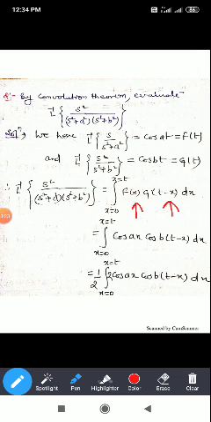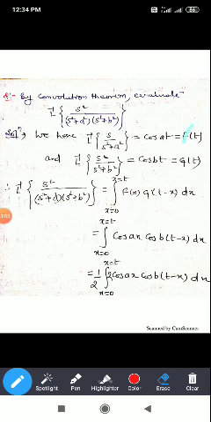Remember here, students, f(t) is equal to cos at, so whenever we replace t by x, we get f(x) equal to cos ax, and g(t) equal to cos bt. Whenever you replace t by t minus x, this function is converted to cos b(t minus x).